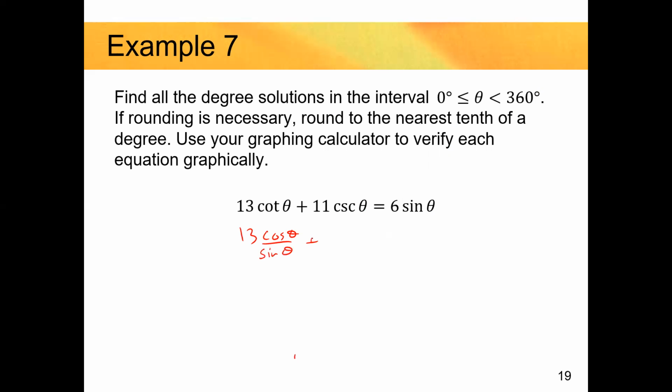Again, it's an identity, I can use it. This is 11 cosecant. I think it's 1 over sine. Turn it into something that would work. And 6 sine theta, that one is by itself.